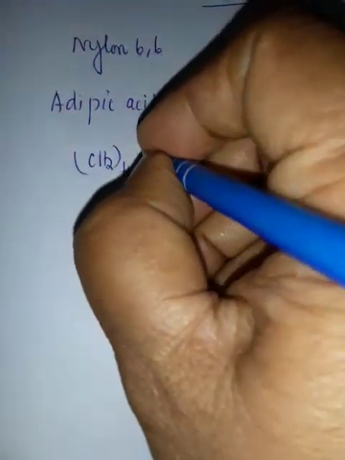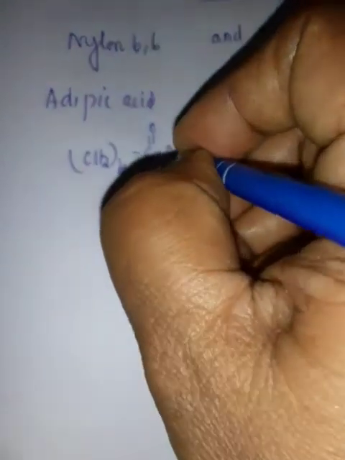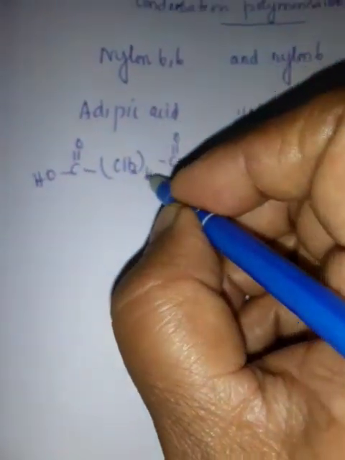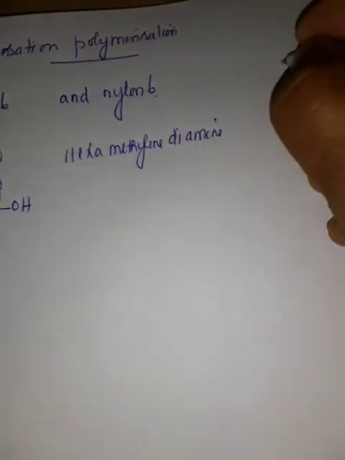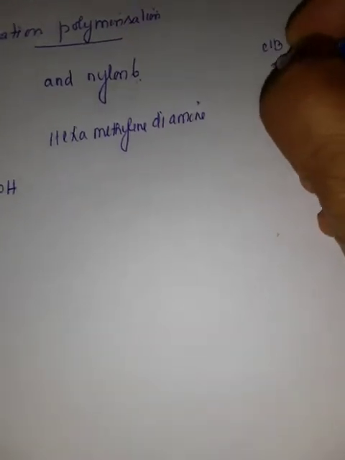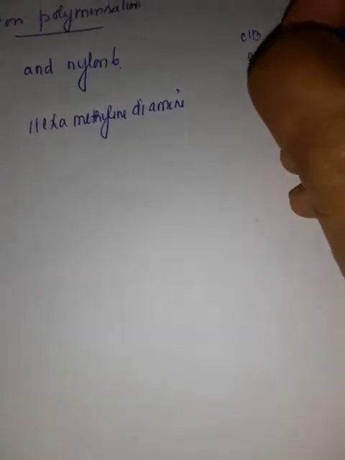Adipic acid has the formula CH2 4 times with dicarboxylic acid, so COOH, 4 carbon atoms plus 1 is 5, plus 1 is 6. Here in hexamethylene, methyl group means CH3, methylene group means CH2.